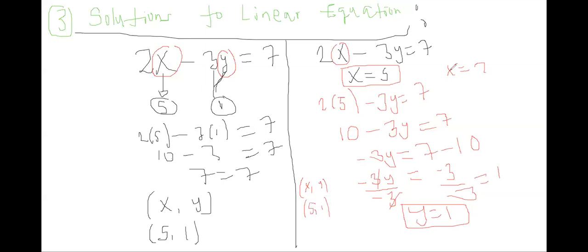But someone could say, what if x equals 2? The solution to this linear equation can be more than one. The first one we have is when x equals 5, y must equal 1. But if x equals 2, y must be what?